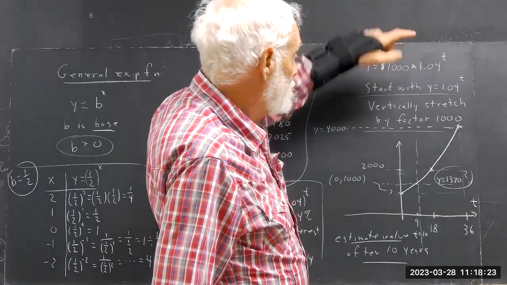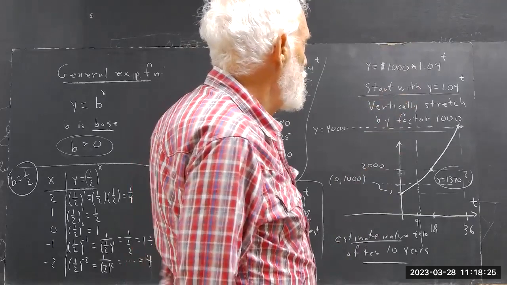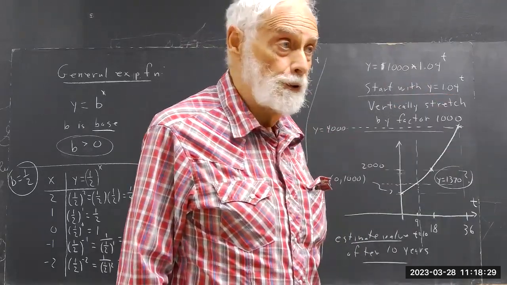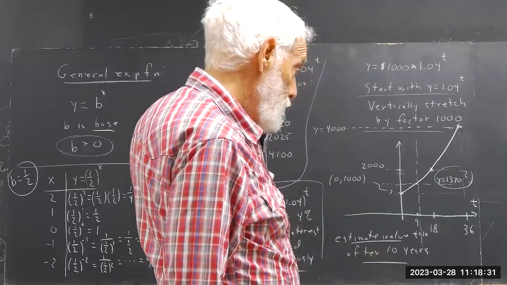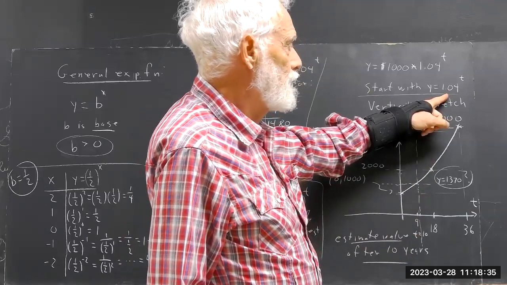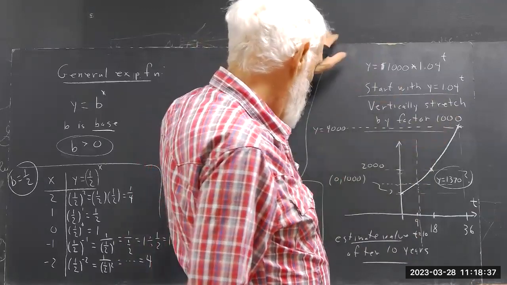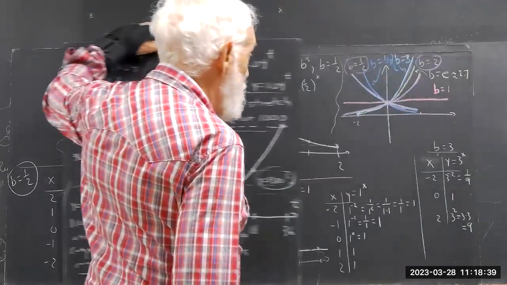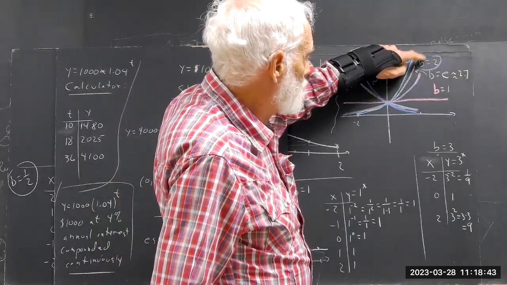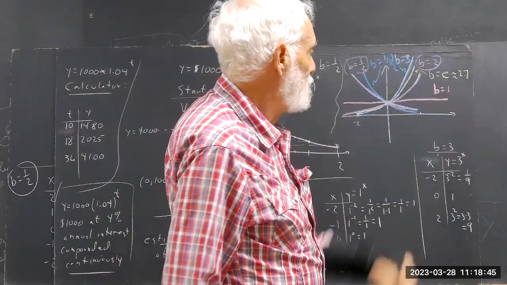This function can be understood by starting with y equals 1.04 to the t. Well, y equals 1.04 to the t fits into this scheme. Okay, here's b equals 3, here's b equals 2, here's b equals 1.